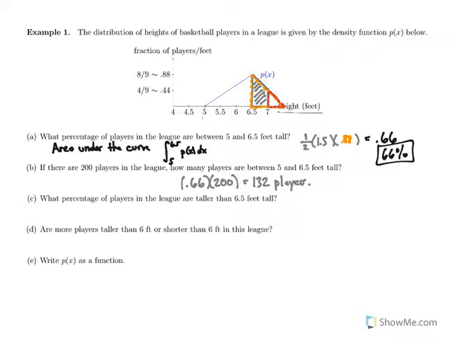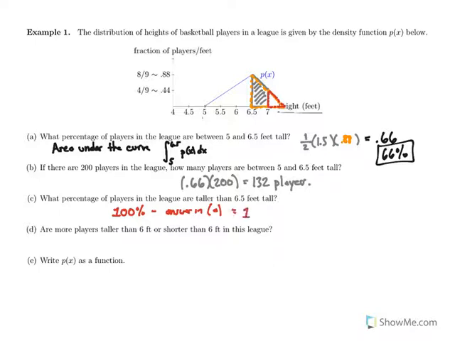You could use the formula for the area of a trapezoid, but we're going to do one better, and we are going to say that since this is the rest of our graph, 6.5 to 7, we know that it's going to be 100% minus our answer in part A, because that was the rest of the graph there, and it has to all equal 100%.